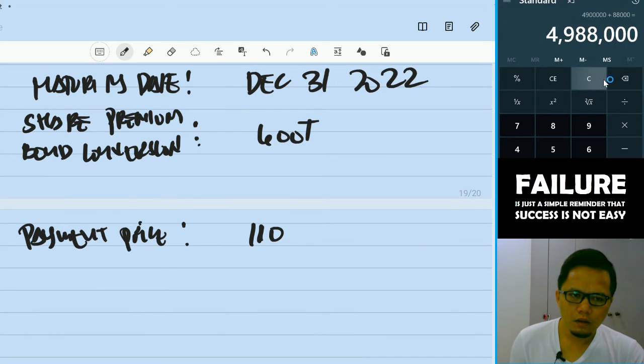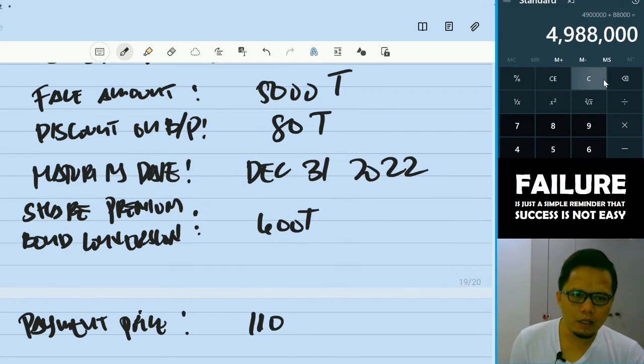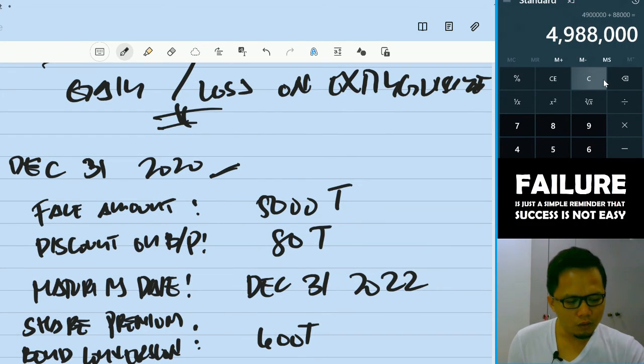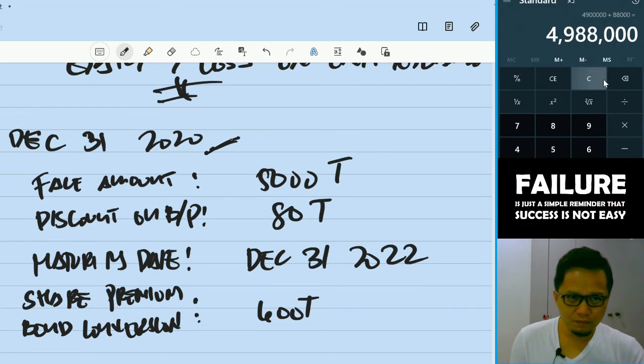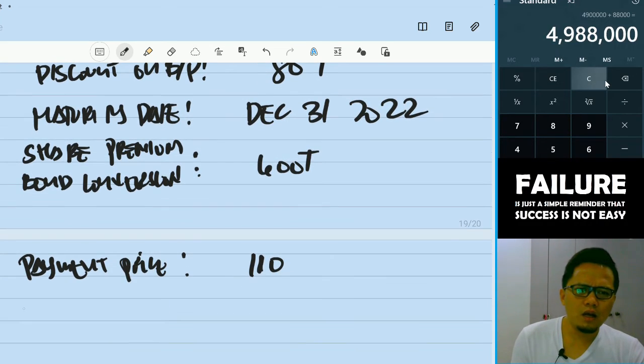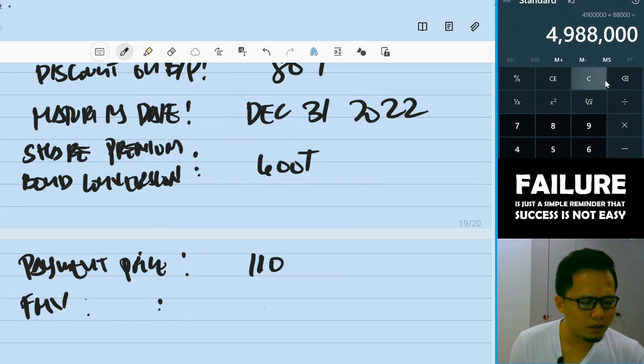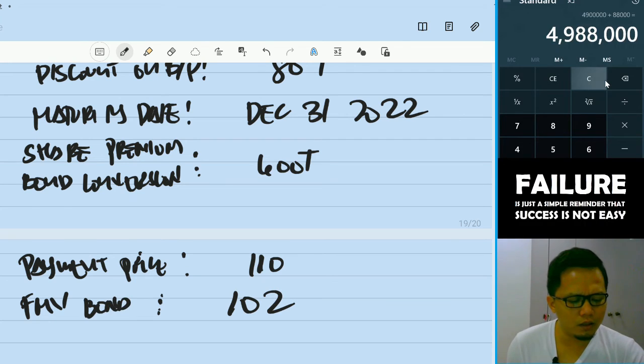This bond on December 31, 2020, which is the payment date, without the conversion privilege, has a fair market value of, let's say, 102. Fair market value of bond without the bond conversion of 102.